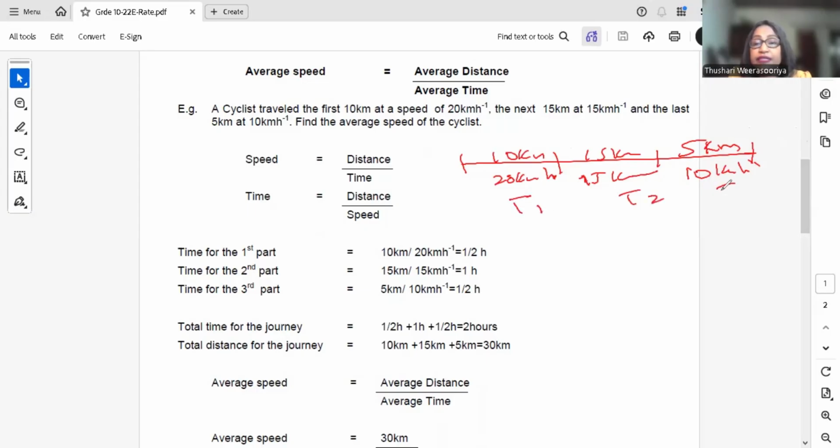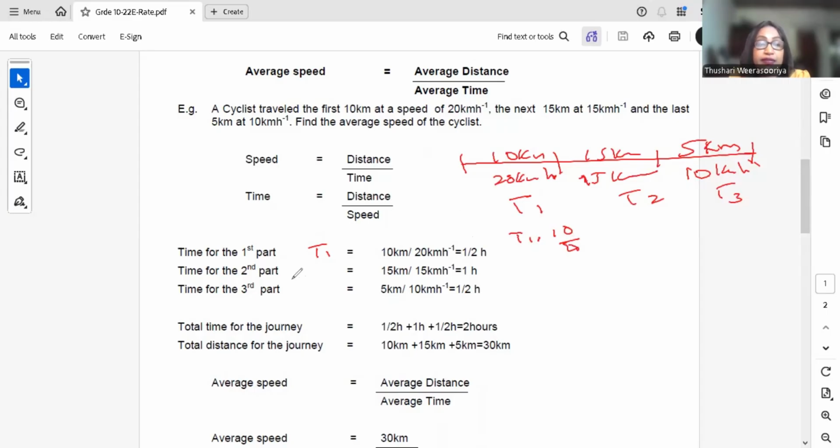T1, T2, T3. Speed equals distance divided by time, so time equals distance divided by speed. Time for the first part, T1, equals distance divided by speed, 10 divided by 20, that is half an hour.